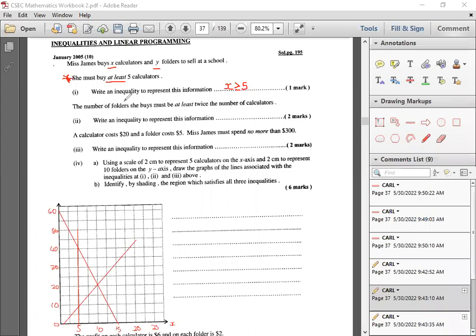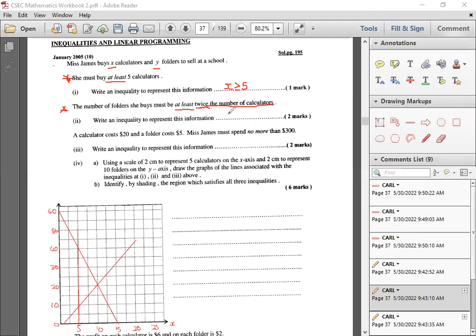The next constraint is the number of folders must be at least twice the number of calculators. At least twice the number of calculators. So, sir, it would be 2y is more than or equal to x.